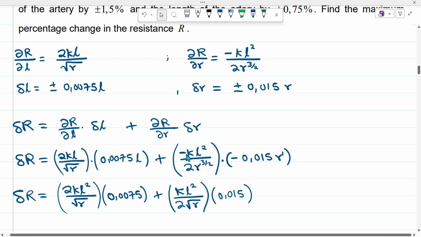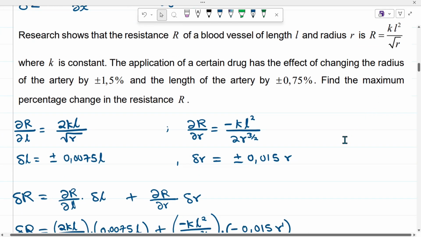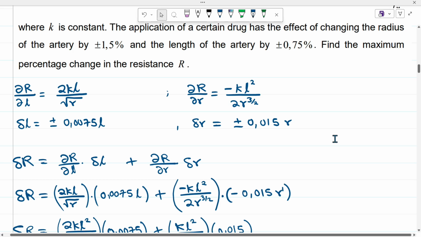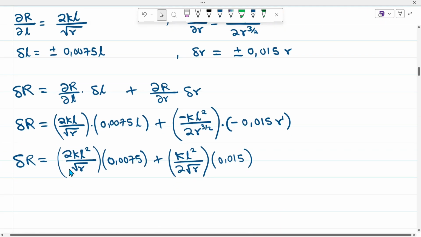And then another thing that I did there, I multiplied this negative and that negative to form a positive. So from here, since R equals kL squared divided by root r, we are going to take out kL squared over root of r as our common factor.